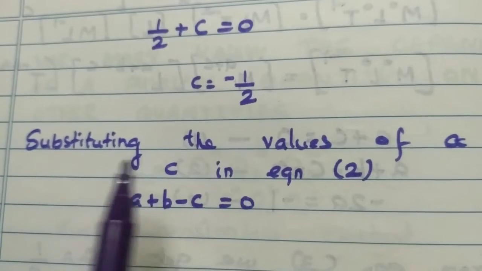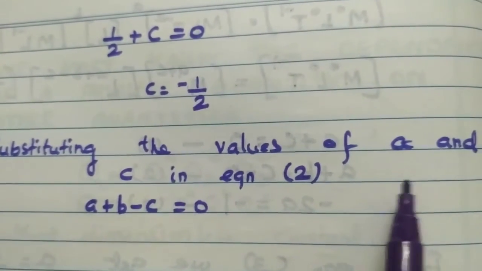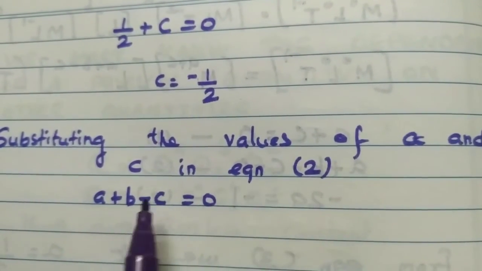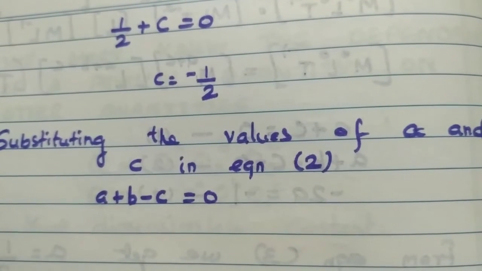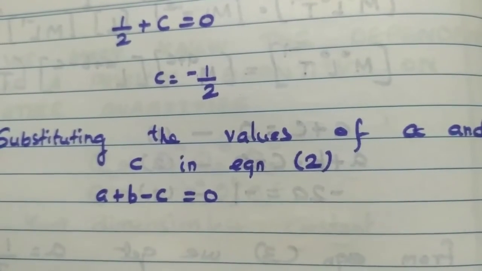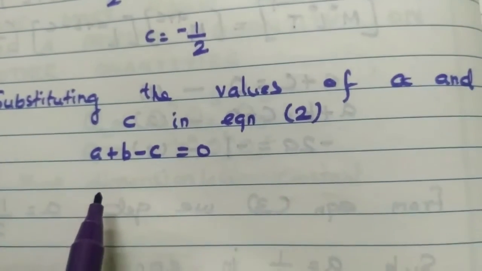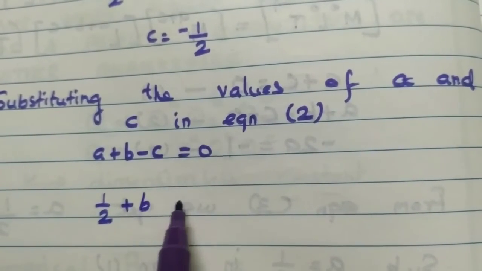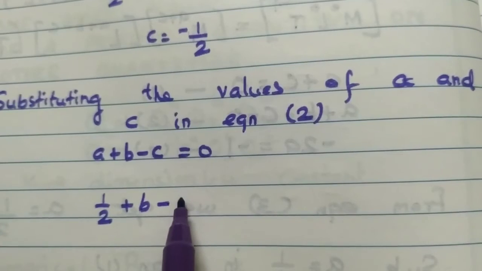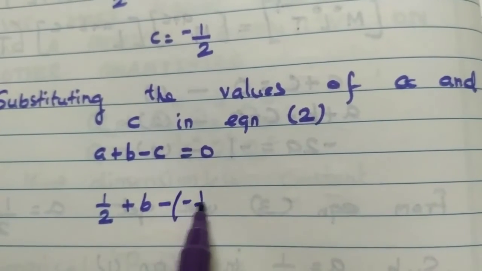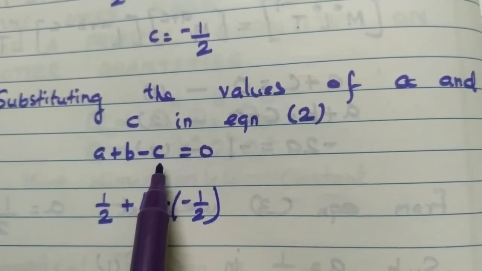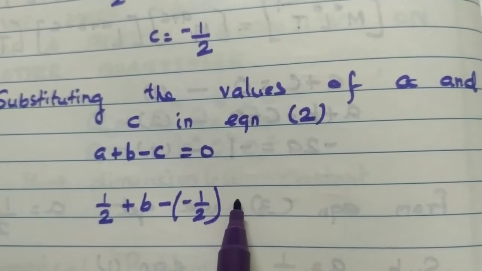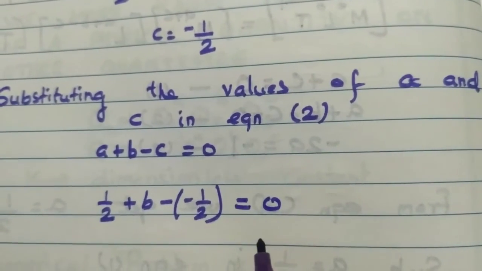Now we are going to substitute the values of this A and C in equation 2. Equation 2 is A plus B minus C is equal to 0. So the value of A is 1 by 2 plus B minus of minus 1 by 2. The value of C is minus 1 by 2. Okay, minus of minus 1 by 2 which is equal to 0.